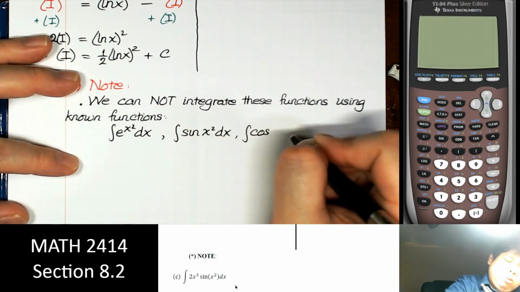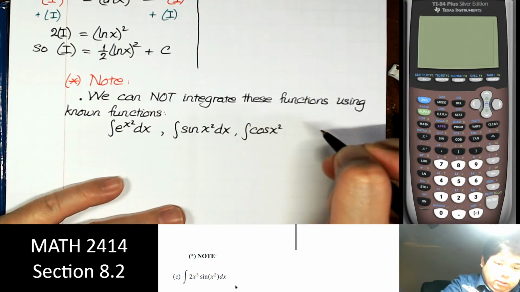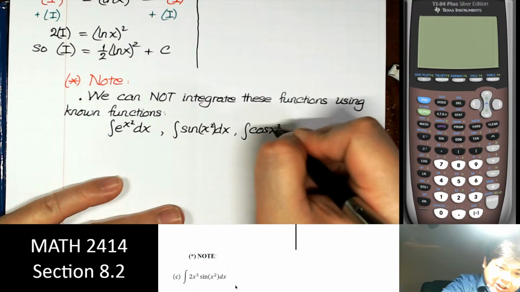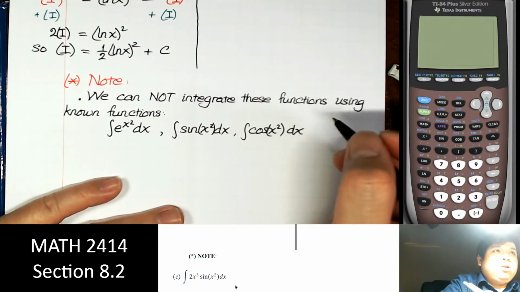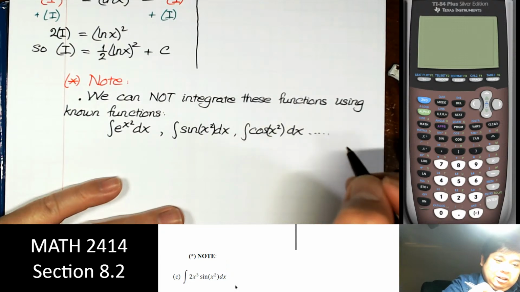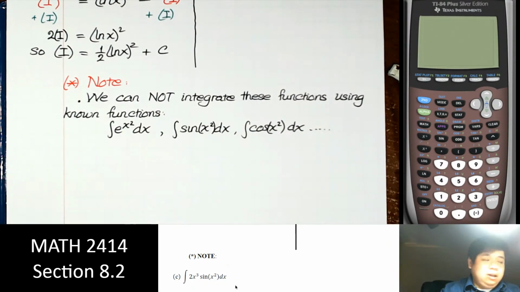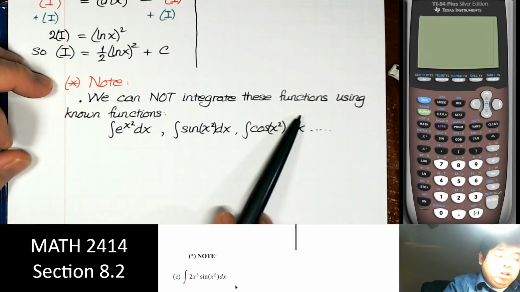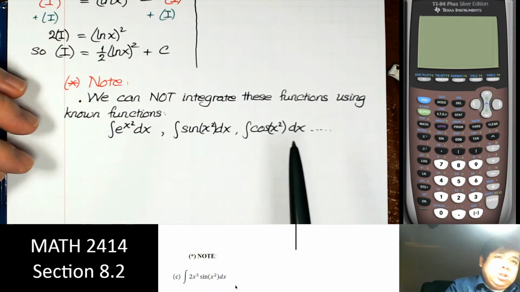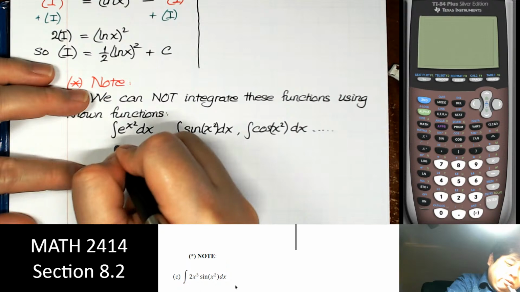Could be x cubed as well. Sine x over x, so this is, like I said, we cannot use known functions to evaluate. That's why if we look it up, it is actually an error function.